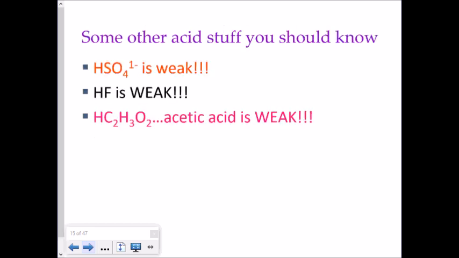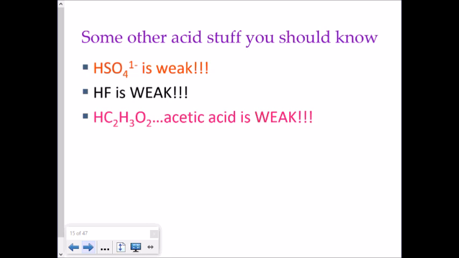Some other ones that are common, though, for the weak side of things that you want to make sure that you know. The HSO4, which is the hydrogen sulfate, that's after you take off the first H off of the sulfuric. That conjugate is really a weak acid. Pulling off that second H is not going to happen very often.